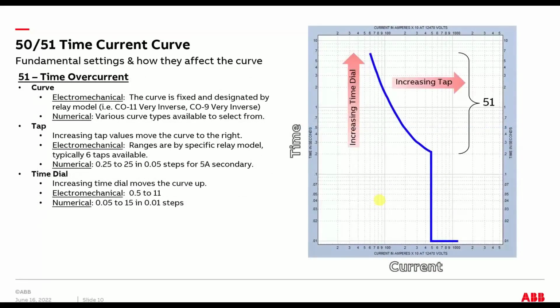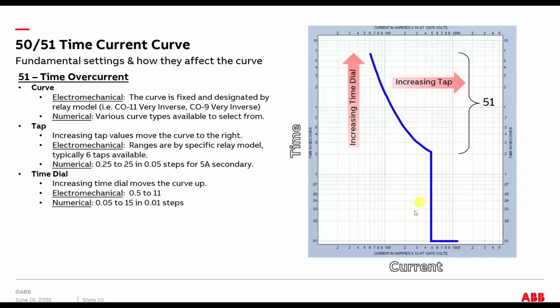Jumping into it, I wanted to break down the standard overcurrent for a relay. It consists of a couple different components, and I wanted to show them graphically on its time current curve. Hopefully a lot of you are familiar with the general concept of the time current curve, but in summary, it's a graph that represents when and under what conditions the circuit breaker or relay is going to operate, trip.